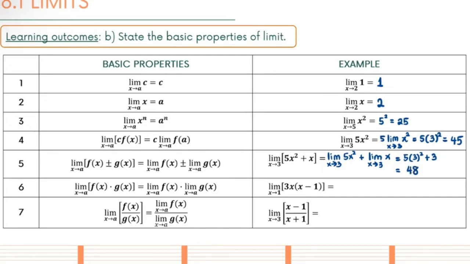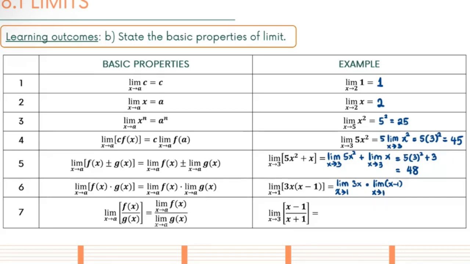And then kita tengok pula limit yang seterusnya. Properties bila multiply, so sama juga, kita boleh terus darabkan ke kedua-dua limit. So for example, this one 3x we multiply by x minus 1. So I can separate it into limit of 3x as x approaching 1 we multiply by limit of x minus 1 as x approaching 1.